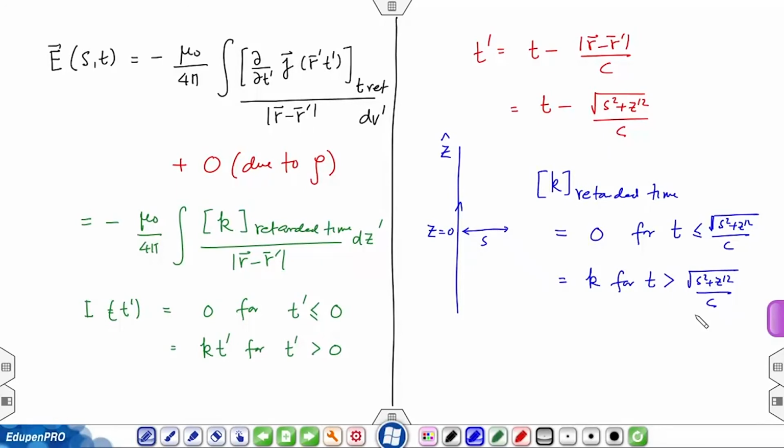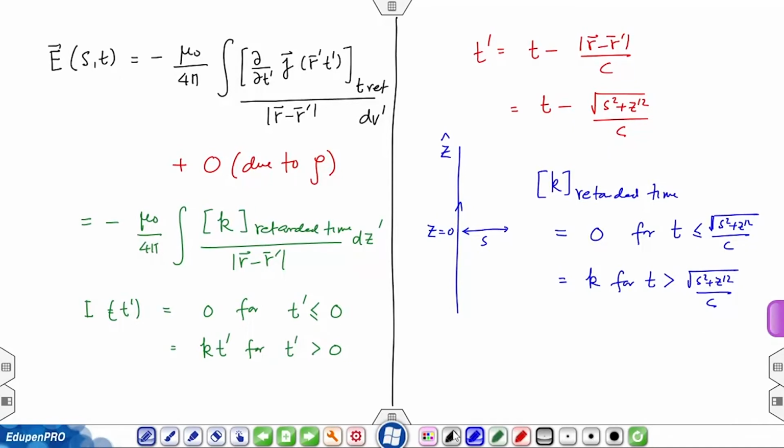Again, all causality. So, this fixes everything. Like the previous problem, this fixes the z prime integral to be from minus square root of c square t square minus s square to plus that.